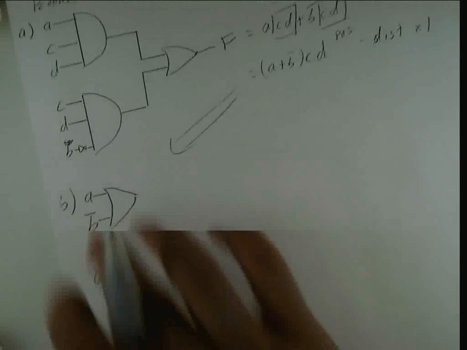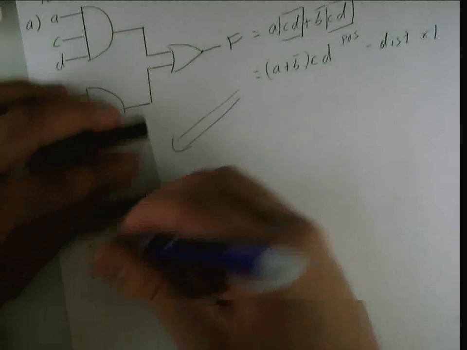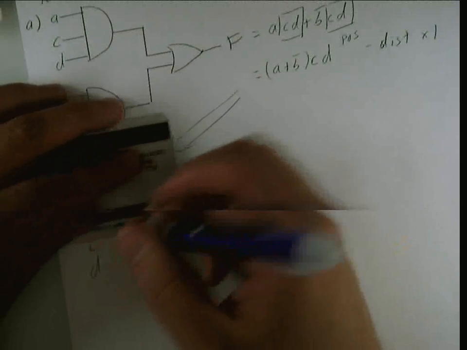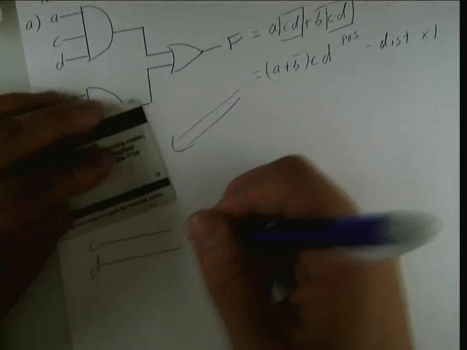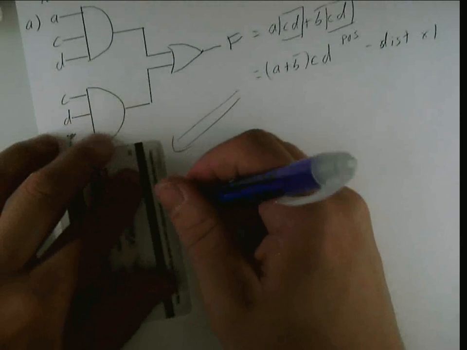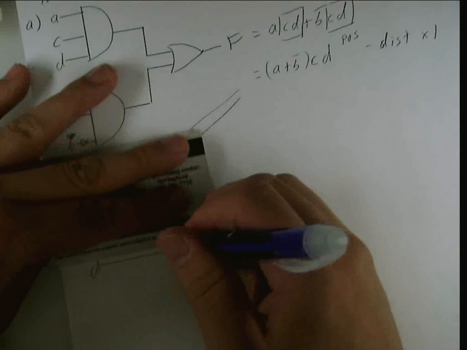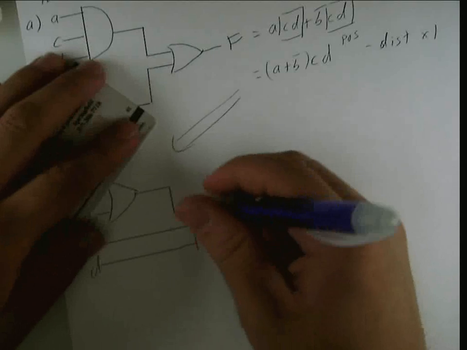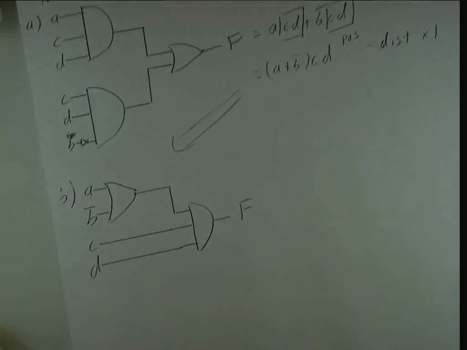And then all of these three are just going to go into an AND. So C, D, all these are going to feed into an AND gate. So that's our two-level OR AND.